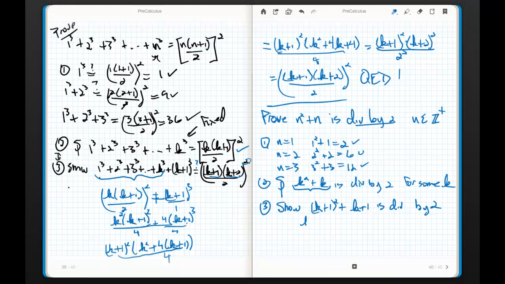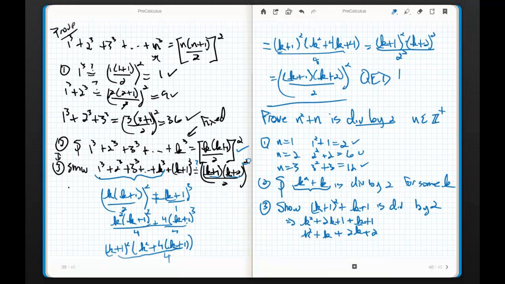However, if I look close, doesn't this imply that I get k squared plus 2k plus 1 plus k plus 1, right? Well, remember, I'm looking for a k squared plus k. So this is k squared plus, I'm going to borrow that k for a second, plus k plus 2k plus 2 if I combine my 1's.